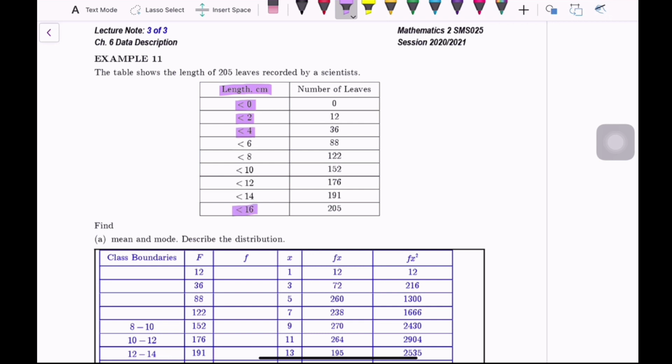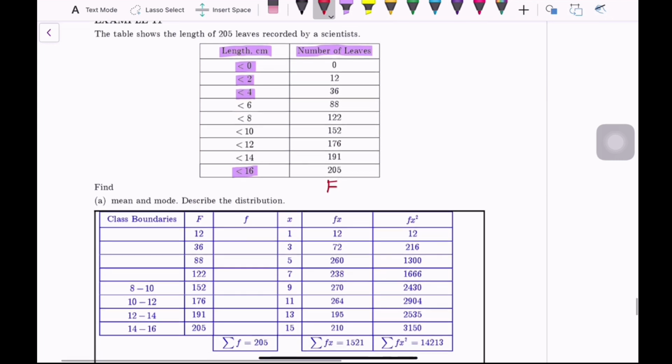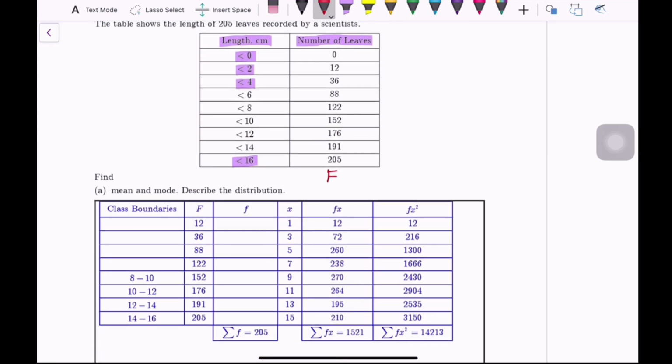So we should know that the number of leaves is given in the form of cumulative frequency. First, we create a table to write the class boundary. No need to write the first class boundary for less than 0 because the length should be positive, and also the frequency for the first class boundary is 0. We start with the second class boundary.